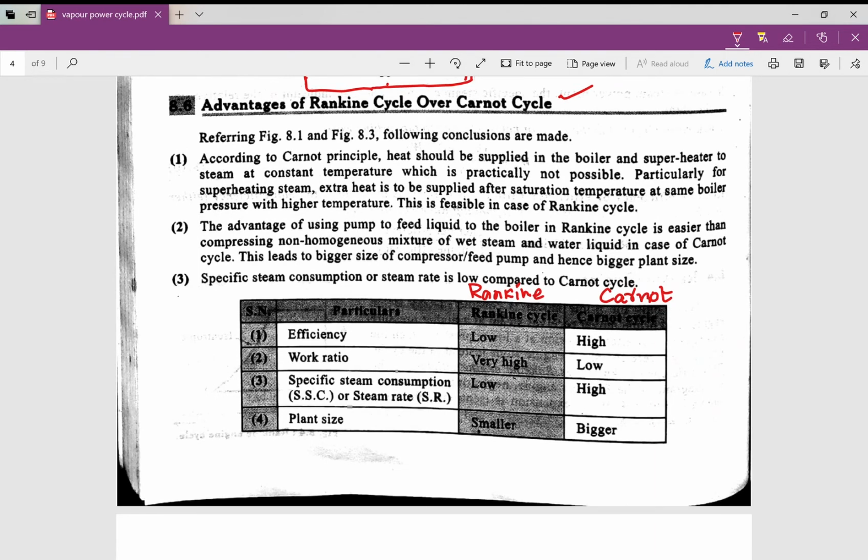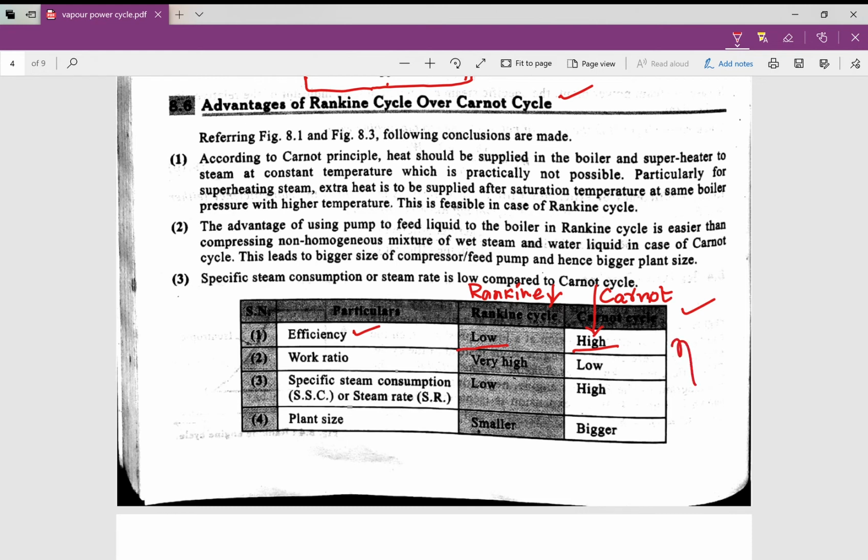Comparison with this table. First, efficiency. This column is for Rankine and this column is for Carnot. Efficiency in the case of the Rankine cycle is low and in the case of the Carnot cycle it is high. Why is it so? Because, dear students, you already know the Carnot cycle is an ideal cycle in which all processes are reversible, right?